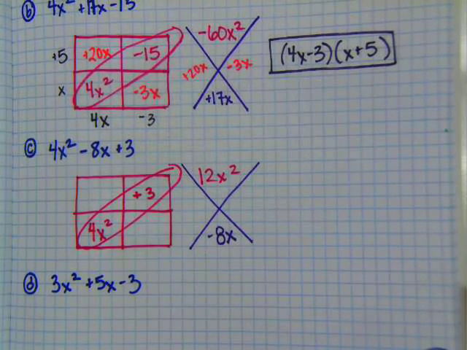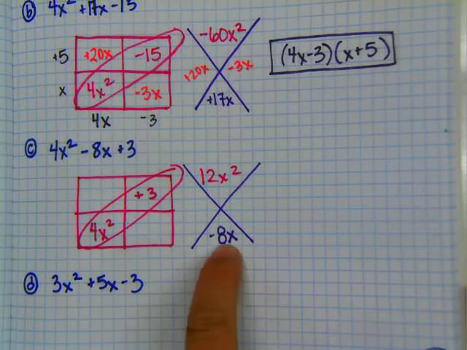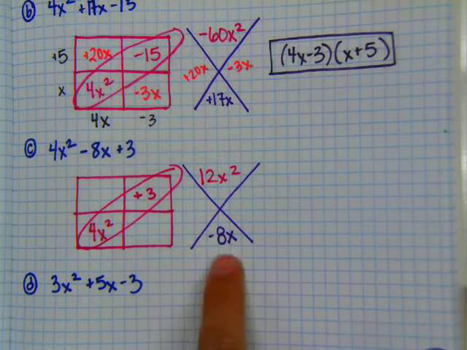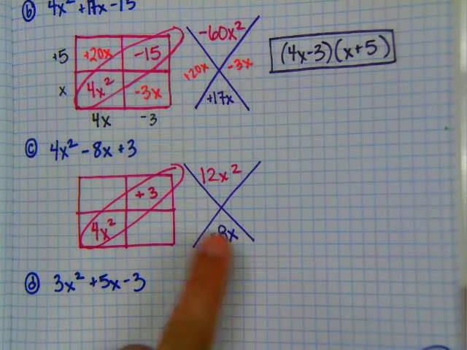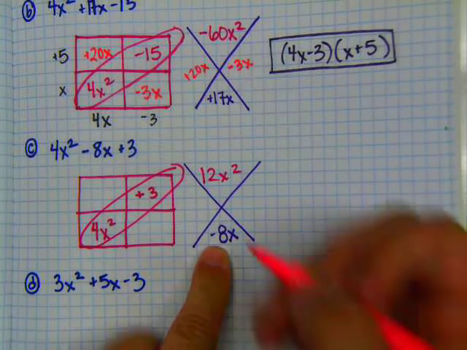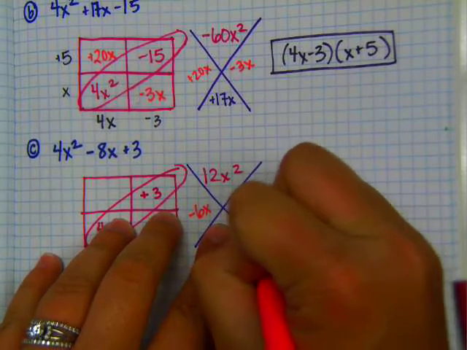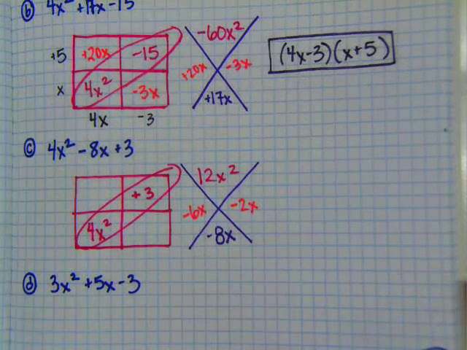Okay, so we're trying to multiply to 12. Well, we think about what multiplies to 12. 3 and 4. Does 3 and 4 make a negative 8? No, okay. 12 and 1. Does that make a negative 8? No. Okay. 6 and 2. If they're both negatives, I can get that negative 8. So if this is negative 6x, negative 2x, does that make a positive 12x squared? It does, because two negatives make a positive.